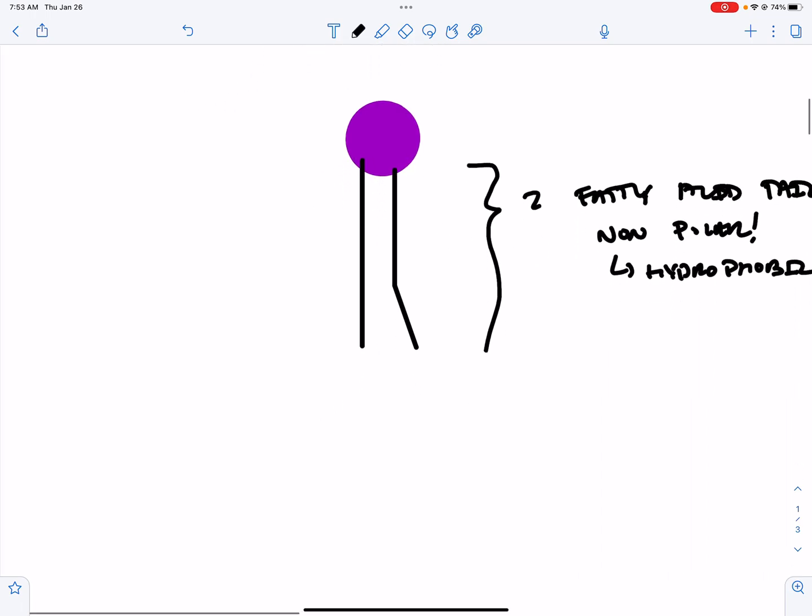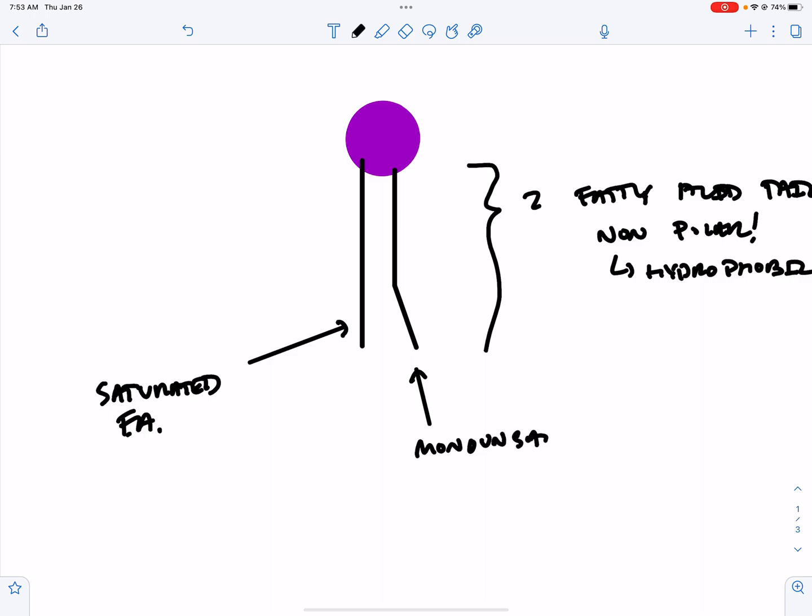And you see here, there's one straight one. This is our saturated fat. And here we have an unsaturated, and this is, I believe, monounsaturated, because you see it has one kink in it, which represents a double bond between two carbon atoms.